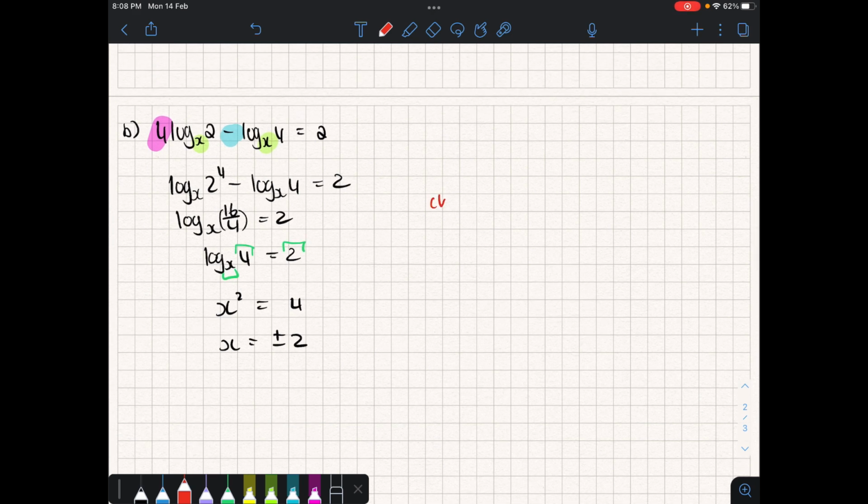Immediately we can see that we can't have a negative base, and so x cannot equal negative 2. Then we can check if 4 log base 2 of 2 minus log base 2 of 4 is equal to 2. We don't break any of the laws, and so x can be equal to 2.